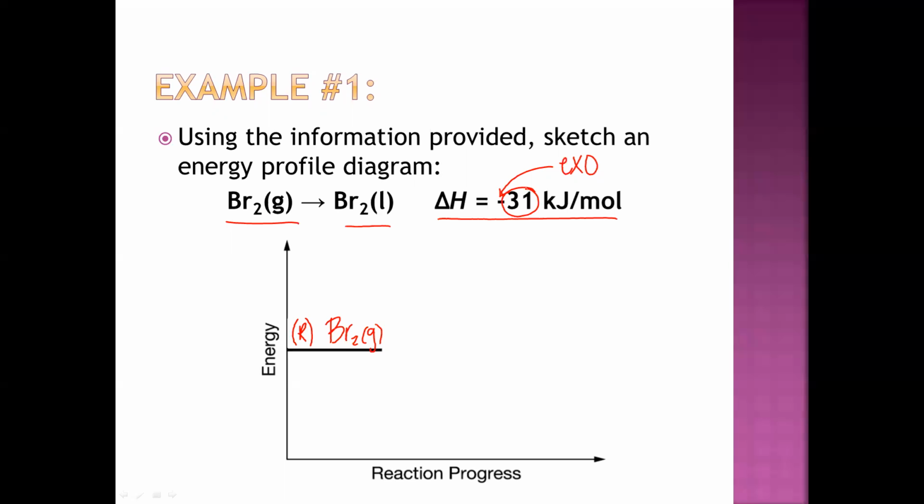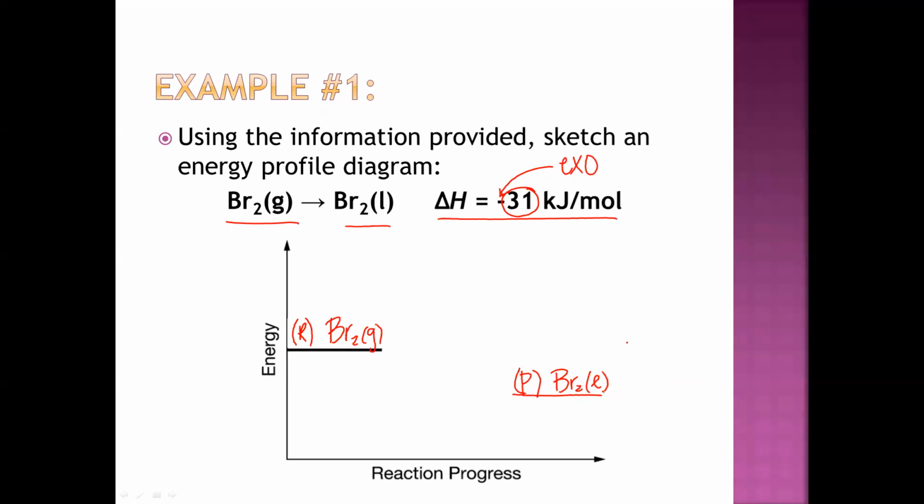Now, we don't really have a scale to draw to, so we're just going to make it lower and say that that difference is equal to 31. Okay, so just pick somewhere lower. That's your product line. So this is for products, which is the Br2 liquid.